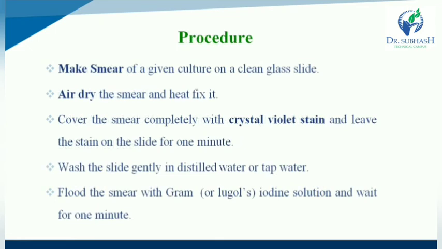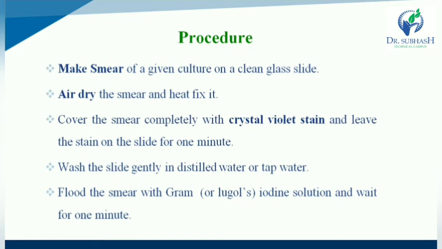Procedure: make a smear of the given culture on a clean glass slide. So the first step is smear preparation of the given culture on a clean glass slide. How is the smear prepared? We already discussed this. The given culture is placed on a glass slide with the help of a loop to make a smear.